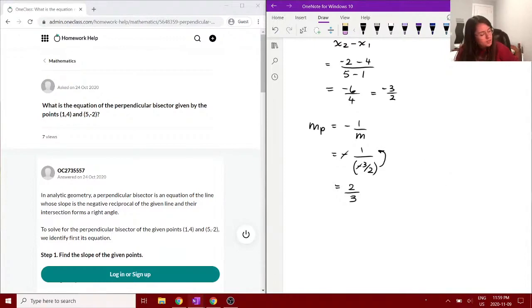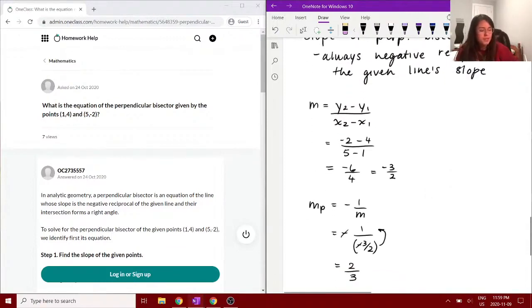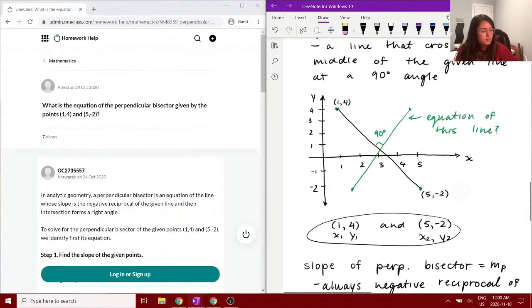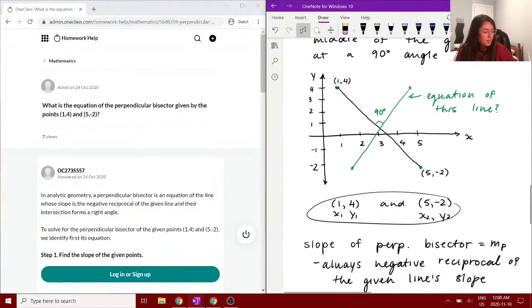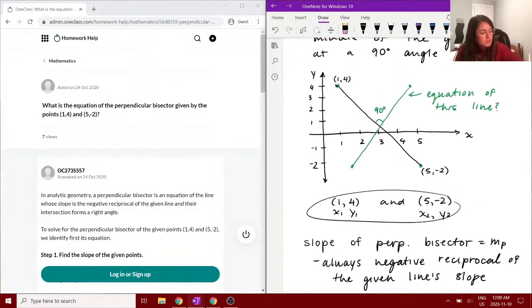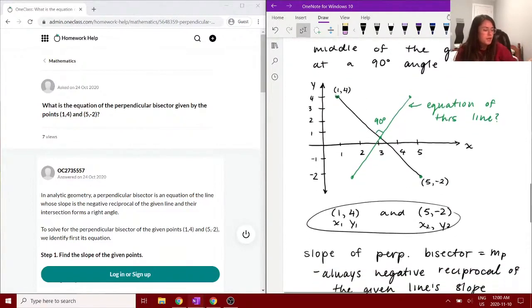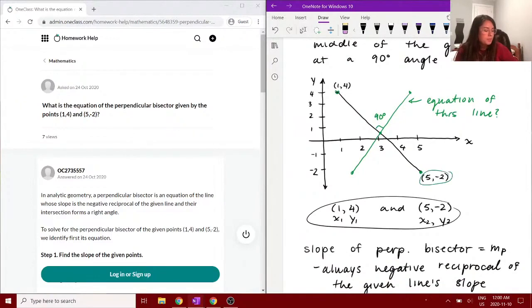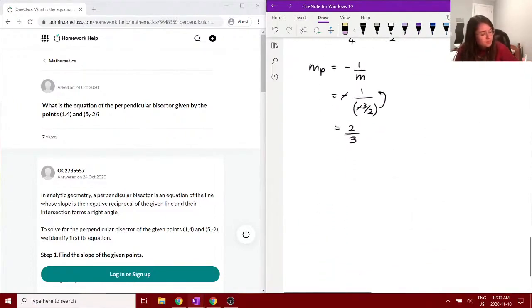Now we have the slope of the perpendicular bisector. In order to find the equation of the line, the only thing we need left is a point along this line. Since they share one point right in the middle, because it bisects the given line, all we have to do is find the midpoint between the two given points. Okay, let's do that.